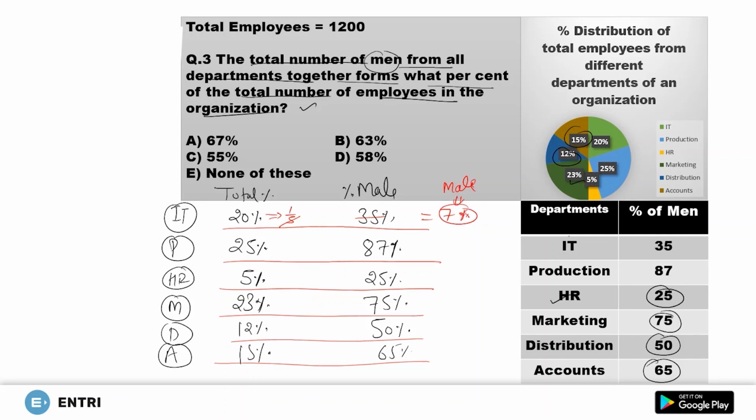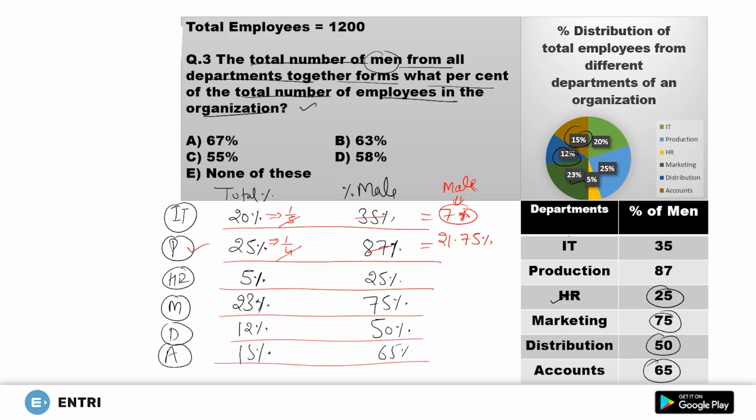Now in the production department, can you say this is 1 by 4? 25% is 1 upon 4. So 87 into 1 by 4, and you will get 21.75%. Clear? So in the production department, you are getting 21.75.